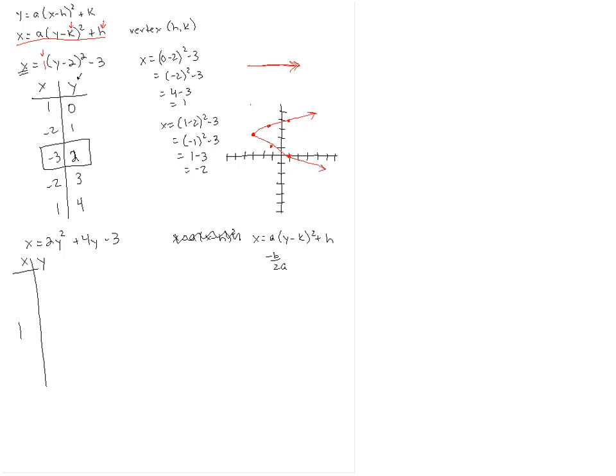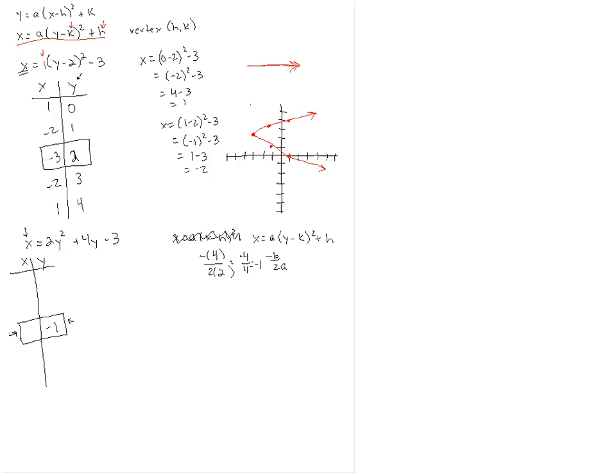So if we do the opposite of B over 2A, and that normally gets us this one when it's y equals, now it's going to get us this one. Okay? So the opposite of B over 2 times A. That's B, that's A. So negative 4 over 4 is negative 1.